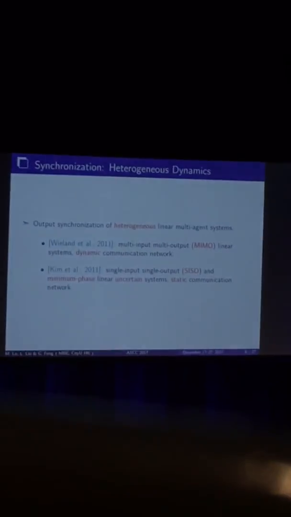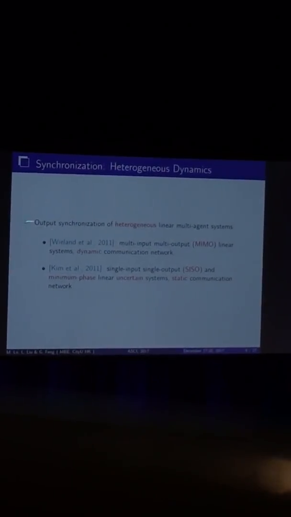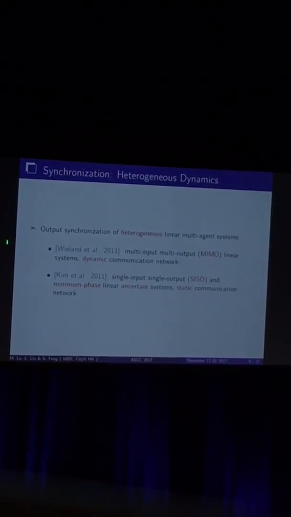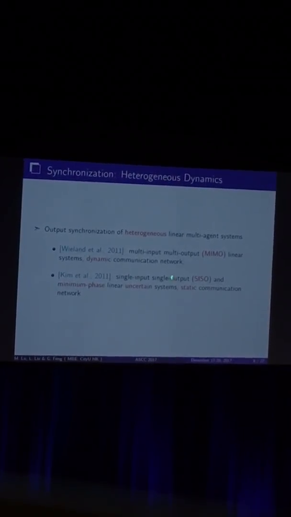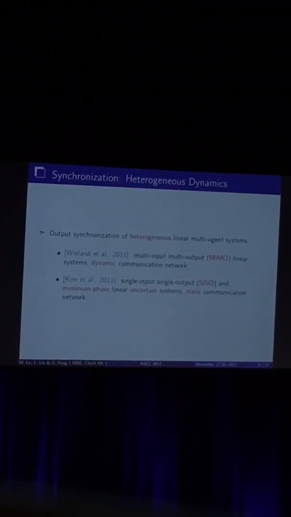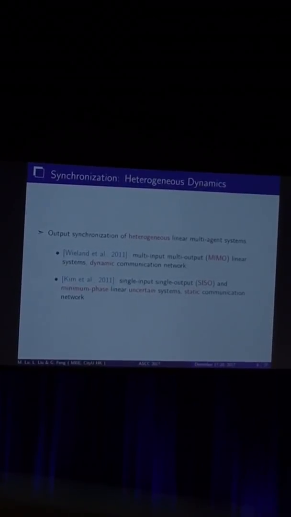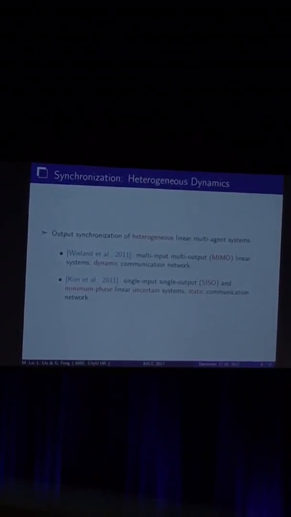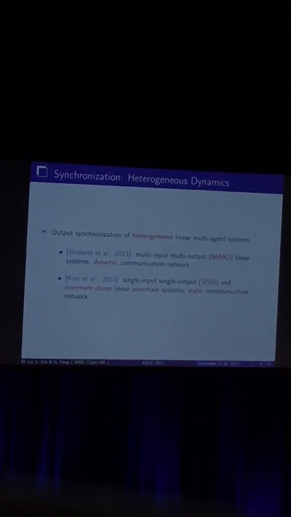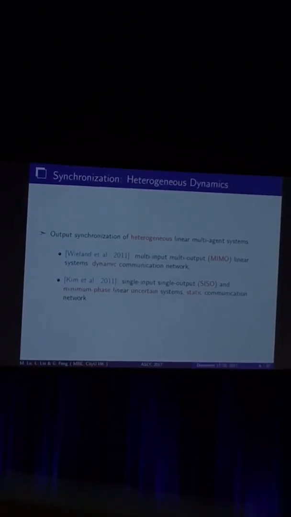A similar problem is studied in this reference for single-input, single-output, minimum-phase linear uncertain systems with static communication network. In the following slides, I will give figures to show the structure of the controller in these two references in detail.